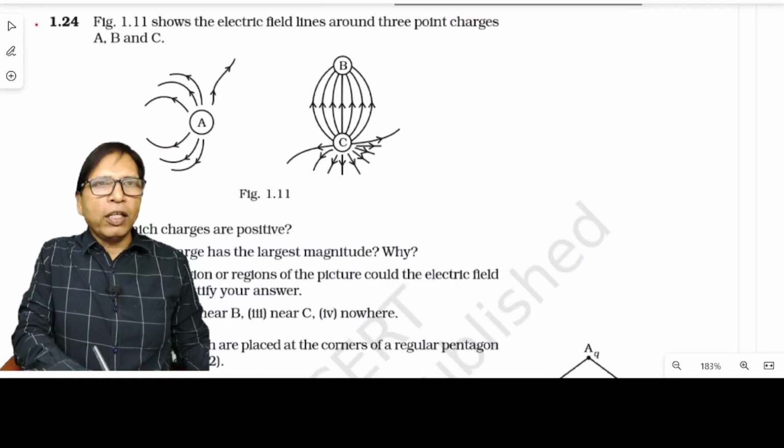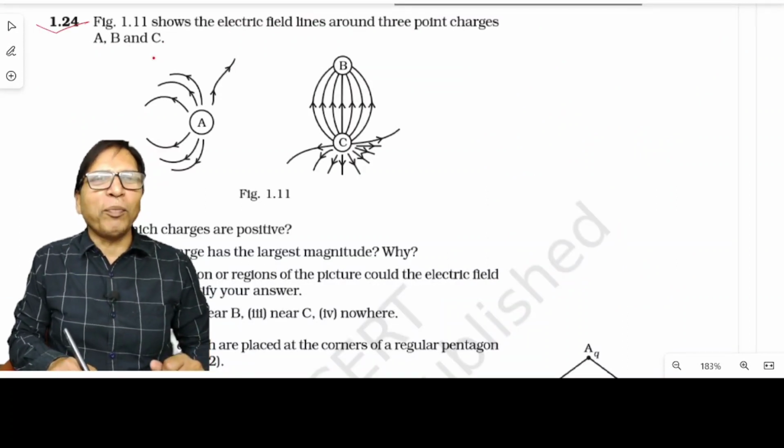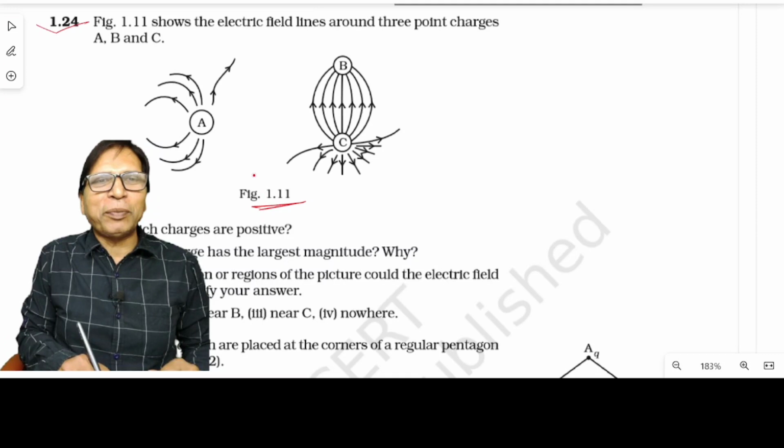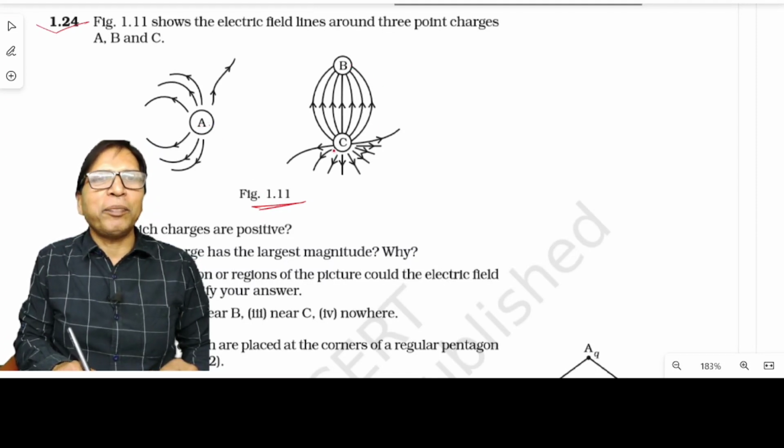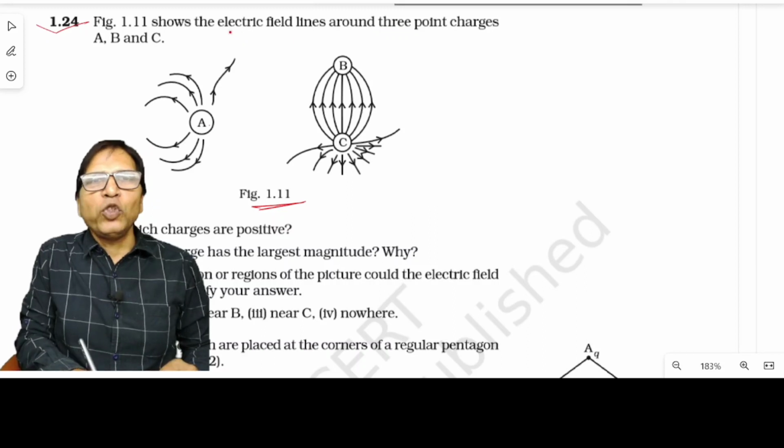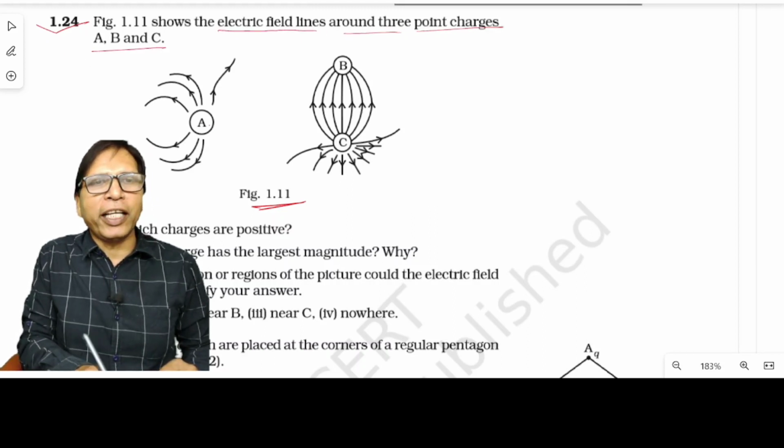Now question number 1.24. Look at this figure: charge A, charge B, charge C are present. The electric field lines around the three point charges A, B, C are given.